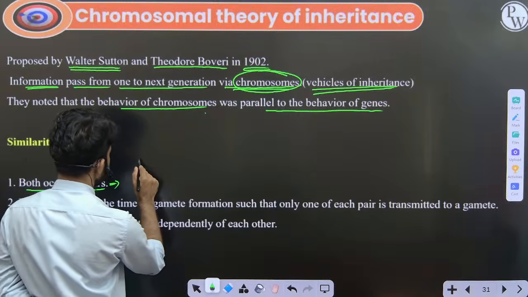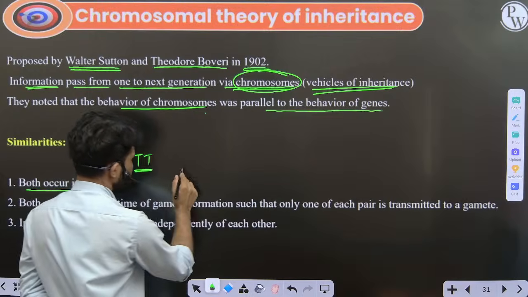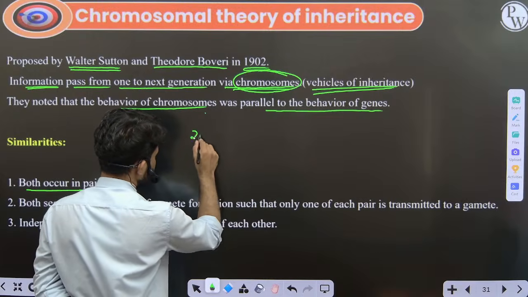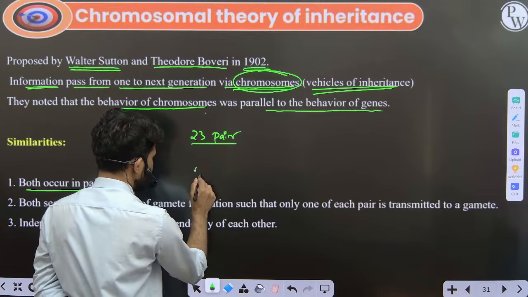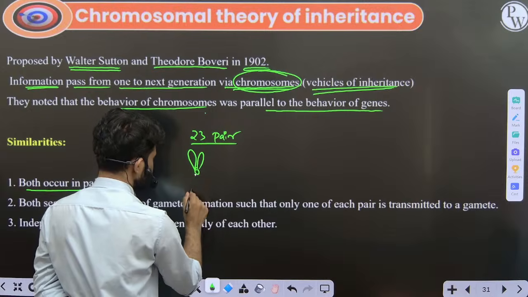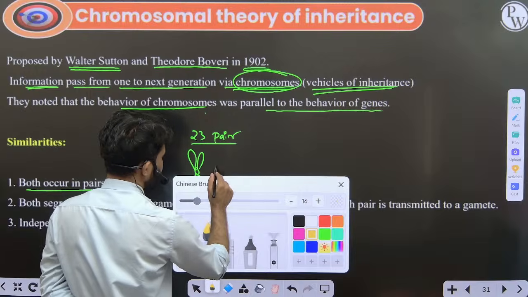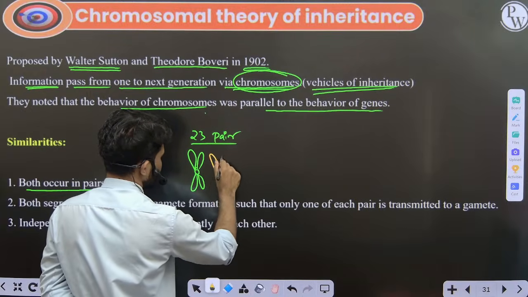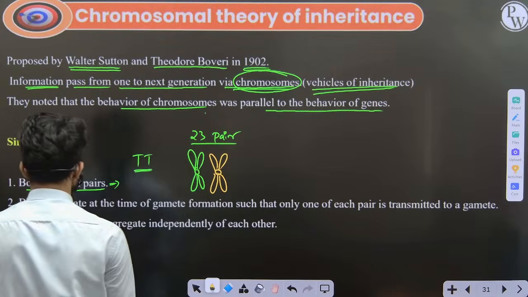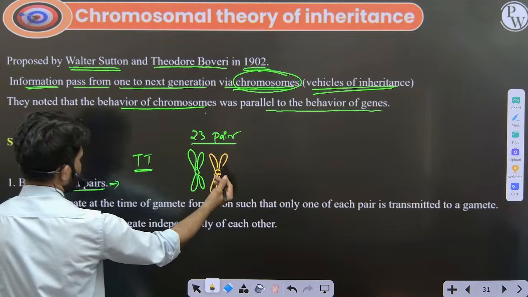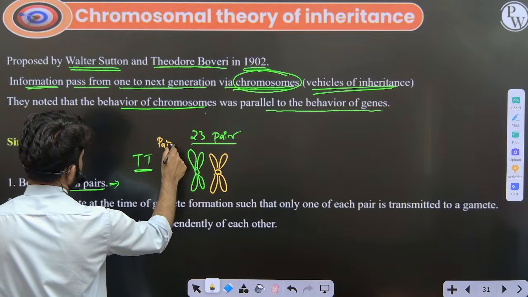Here you can see the gene coding for capital T, which occurs in pairs. If you take chromosomes, there are 23 pairs. Why do we call it 23 pairs? Because they occur in pairs: the first maternal chromosome pairs with the first paternal chromosome. Both genes as well as chromosomes occur in pairs.